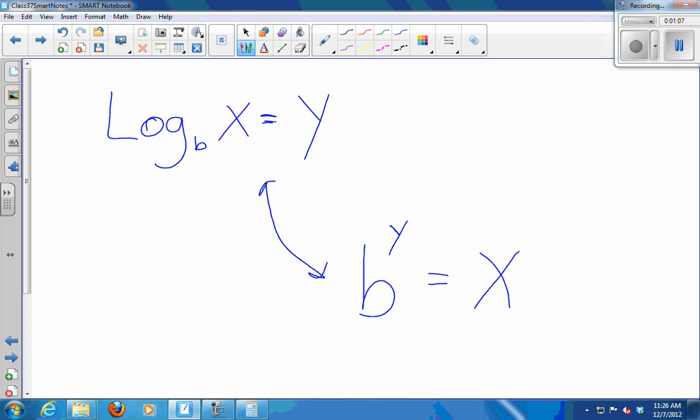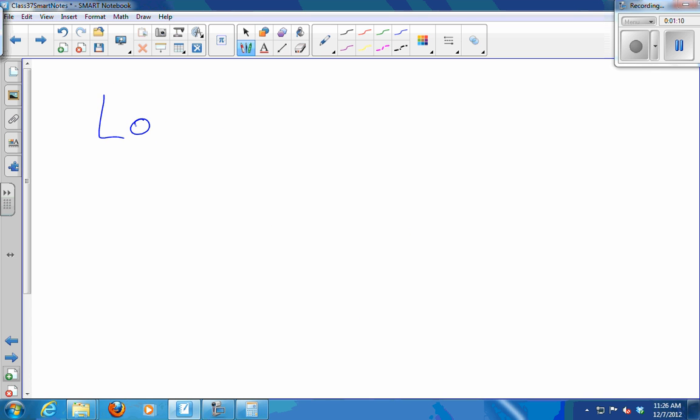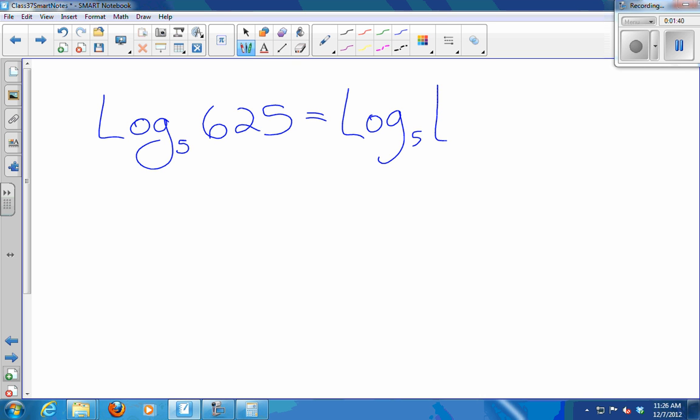So let's do a quick example. I want you to find log base 5 of 625. When I write that, I'm asking you to rewrite 625 as 5 to something, to the fourth.